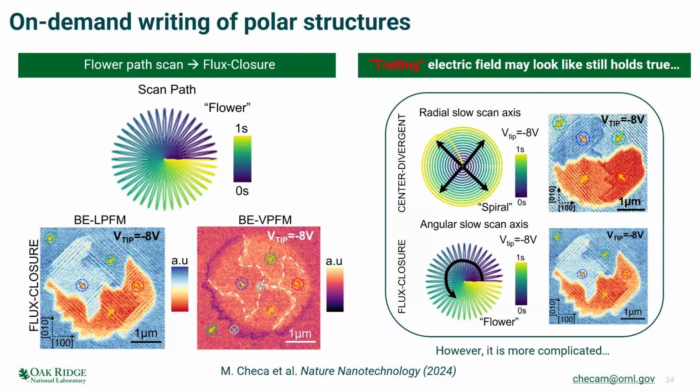So this is the question: why this happens is still open. I think it has to do with the hierarchy of the domains given by the energy landscape of the material, coupled to the nucleation under the tip, which is where you have a real electric field.